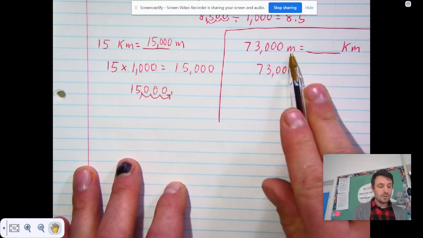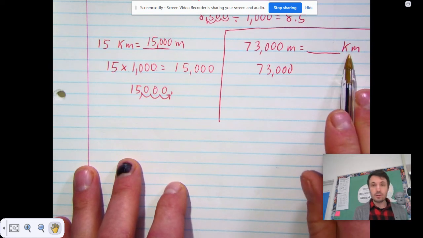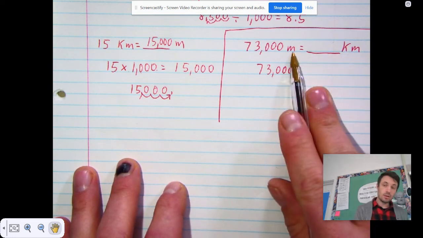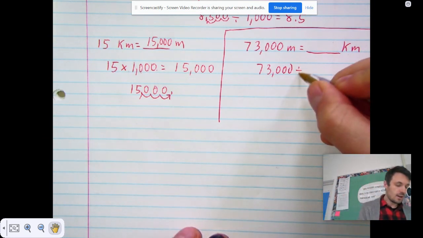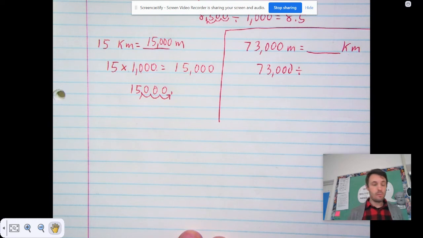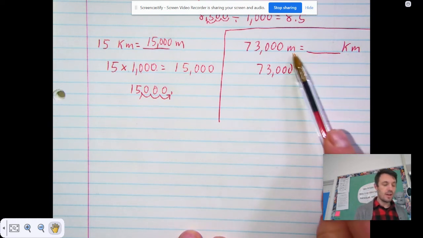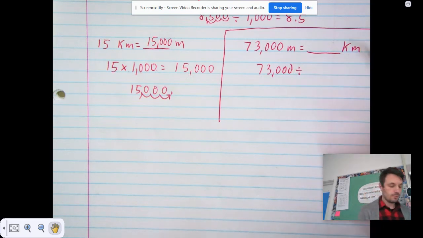Now we're going from meters to kilometers. Kilometers are bigger than meters, so we're going from a smaller unit to a larger unit, so we divide. What do we divide 73,000 by? By 1,000, because 1,000 meters can fit into 1 kilometer.